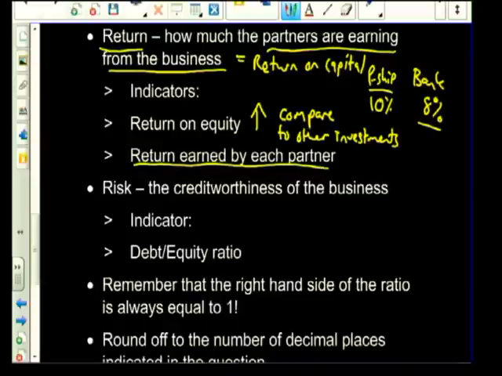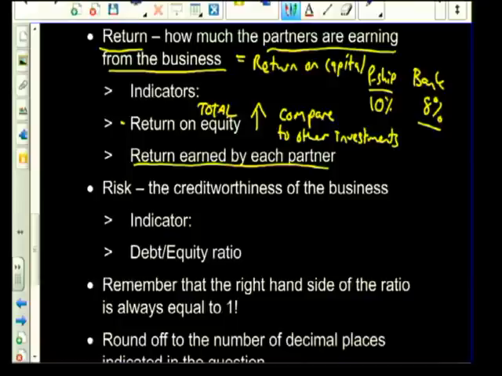The same goes for the return earned by each partner. The only difference is that for the return on equity, you take the money invested in total in the business, by all the different partners. Whereas the return earned by each partner is the partner's own capital and how much money he or she is earning from his or her investments in the business.